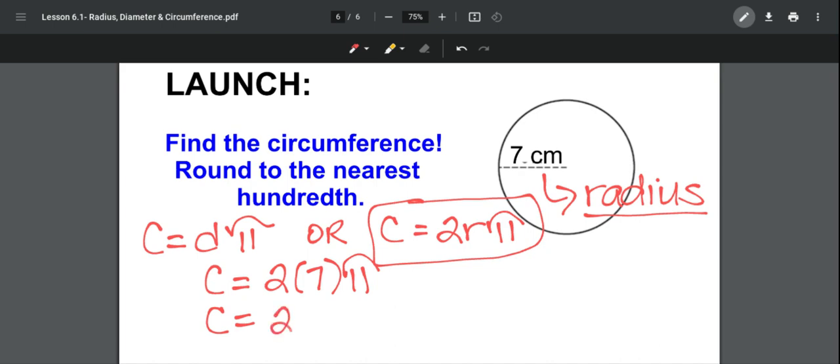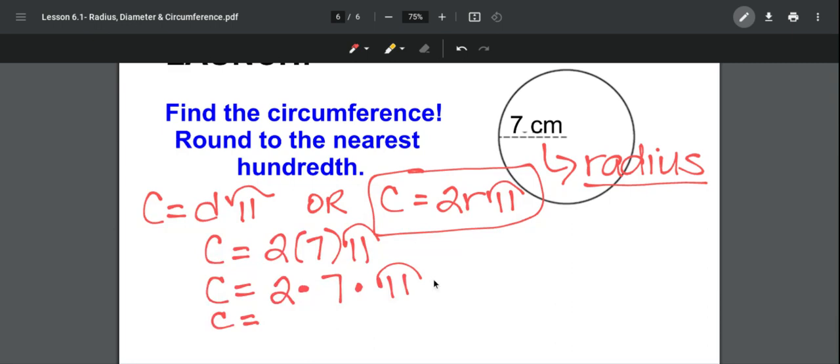So in a calculator, we would be typing in 2 times 7 times pi to give us a really big number. If we look at our problem, it is asking us to round to the nearest hundredths. Therefore, we would want our last number to end in the thousandths place so that we can round to the nearest hundredths.